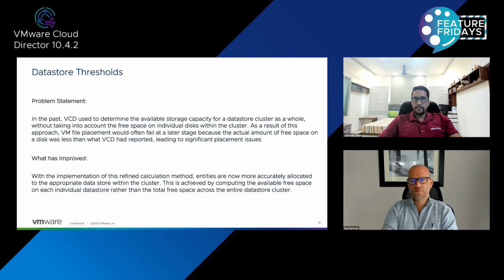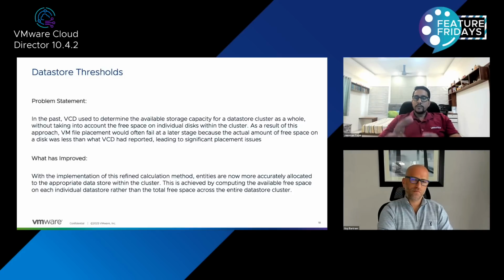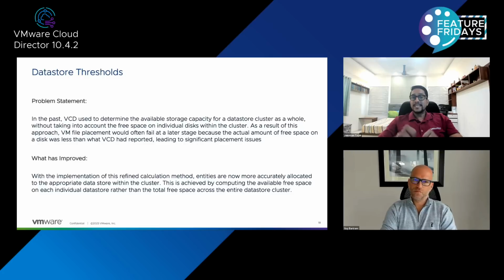For example, let's say data store 1 and data store 2 within the cluster each have 5 GB of free space. So what's the total free space of the cluster? 10 GB. So VCD always saw 10 GB of free space available within that storage policy.